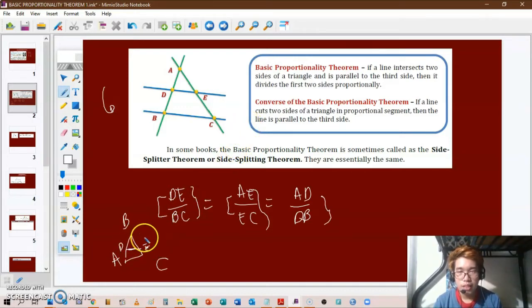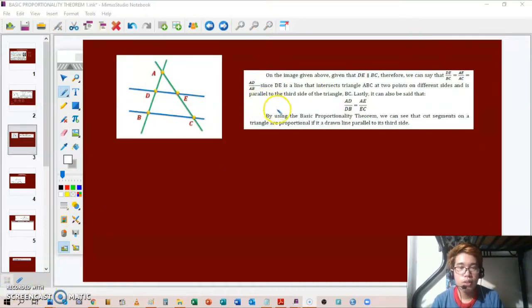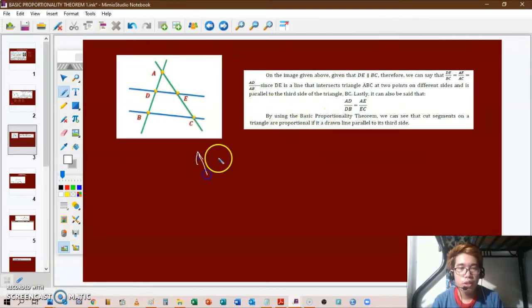That means, as we've written here, AD over DB is equal to AE over EC, which is also equal to the proportion of the parallel sides. As you can see from the given figure, AD over DB is equal to AE over EC, the one we concluded from the previous slide.